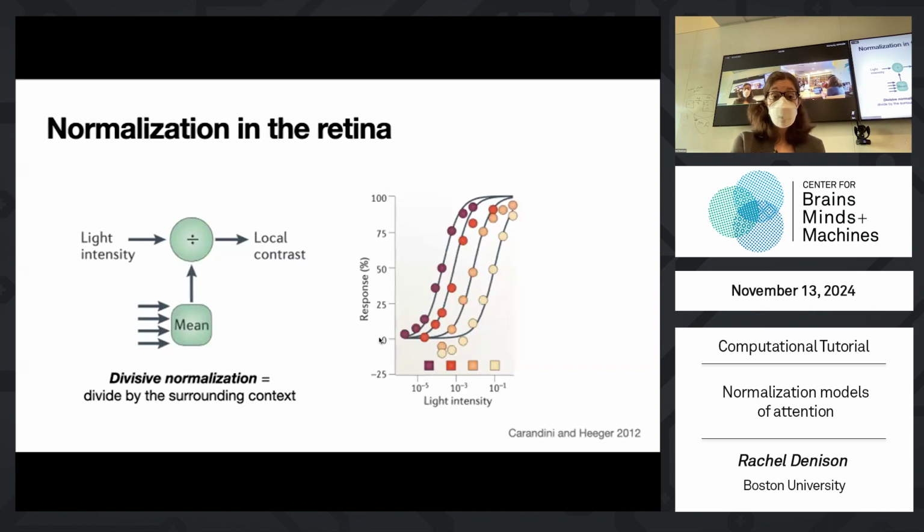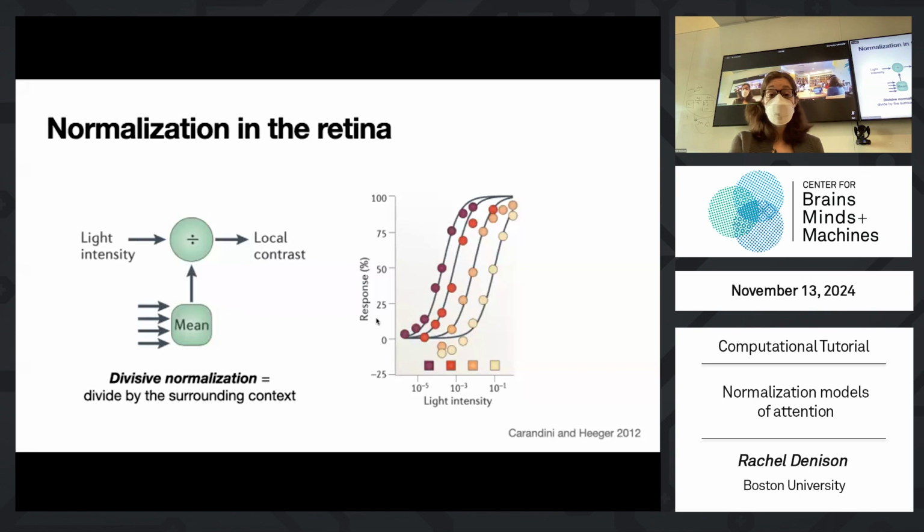And what that results in is a situation like this, where if these are, say, responses of retinal ganglion cells or photoreceptors, we have light intensity on the x-axis here and the response of the neuron on the y-axis. What we're plotting are these response functions of light intensity. And you can see they're kind of sigmoidal. They start at 0, of course, when the light intensity is really low.